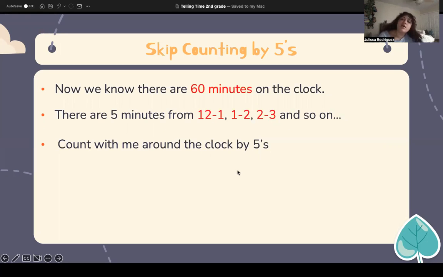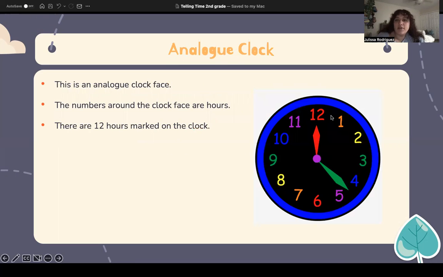Okay, so back to what I was saying earlier, where I was talking about counting by fives, and here's why with our clock. Now that we know that there are a total of 60 minutes in 1 hour, we're going to count by fives all the way around the clock to indicate a total of 1 hour. So let's start. We start from 12 and go to our right and continue all the way around the clock counting by five.